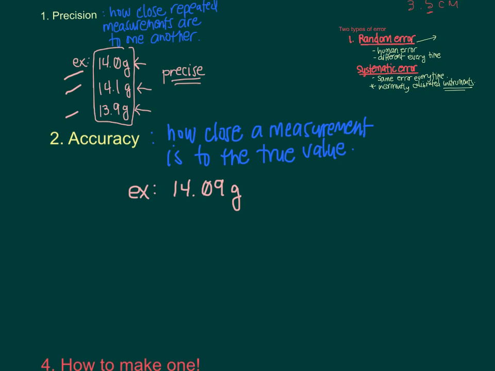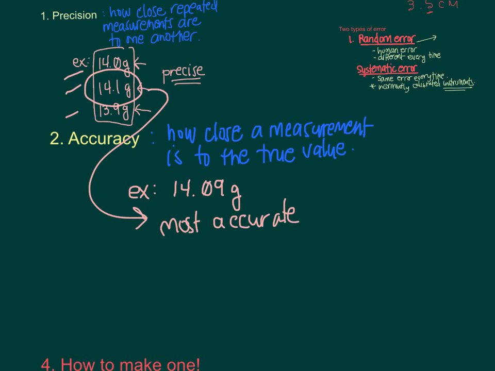How close are those to the true value? Well, clearly the 14.1 gram measurement is the most accurate because it actually is the closest to the real true measurement of that rock. So it's accurate.